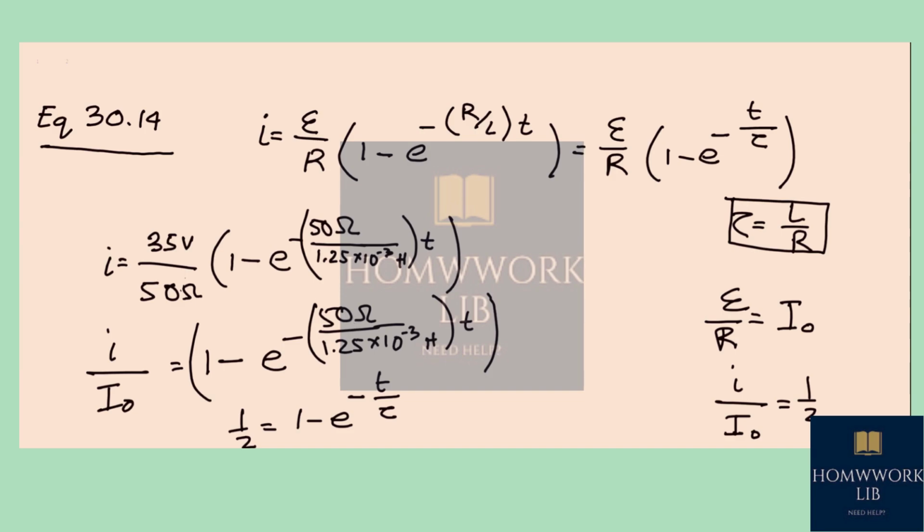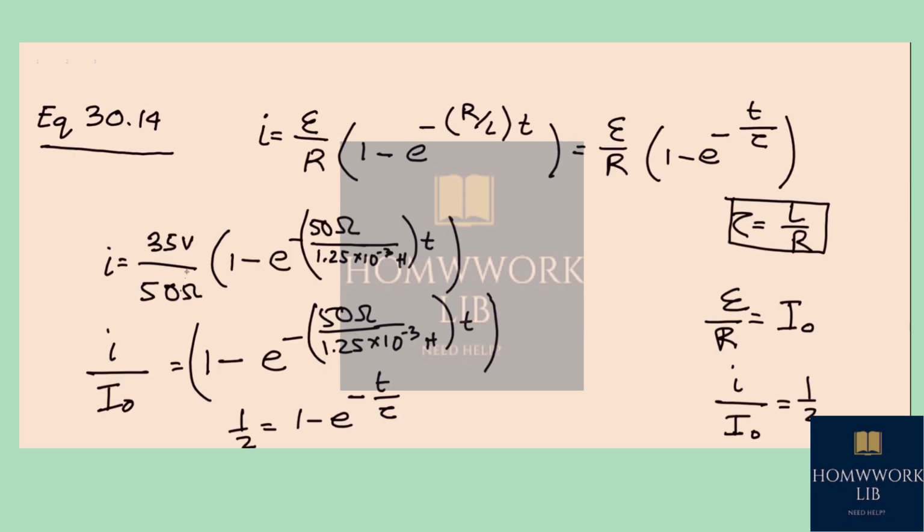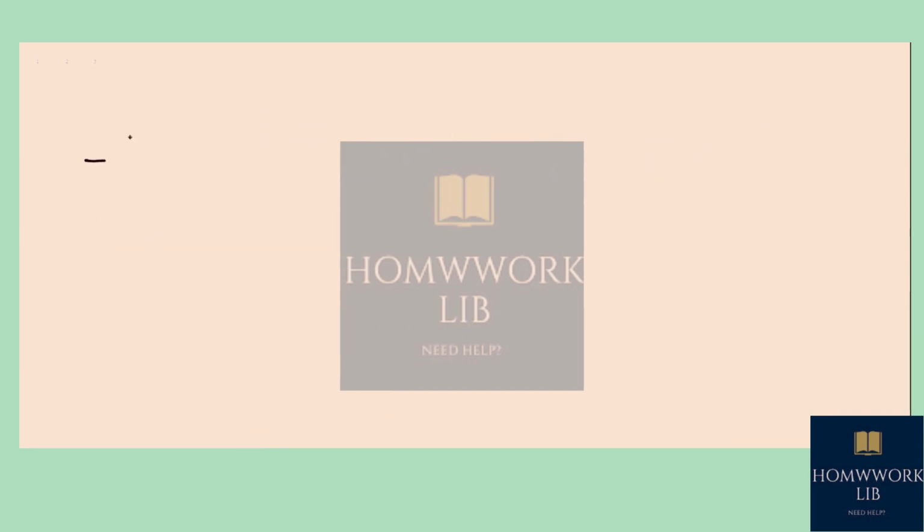Now if we simplify this expression, first let's get rid of the 1 here by subtracting 1 from half, and we'll get negative half is equal to negative e to the power negative t over tau.